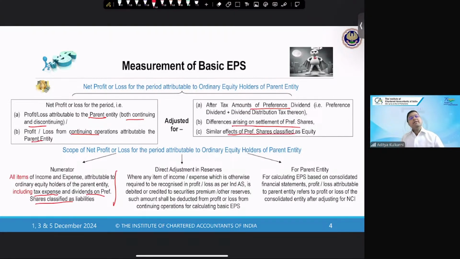liabilities. You will study shortly in your financial instruments, but I do have a scenario where preference shares, though they are nomenclatured or named as preference shares, in reality, because they have a fixed maturity period, the entity has an obligation to deliver cash at the end of a specified time period, and we are required to pay a specific coupon rate to them.